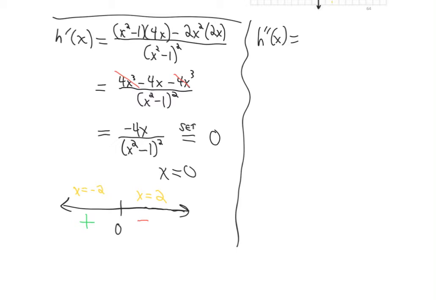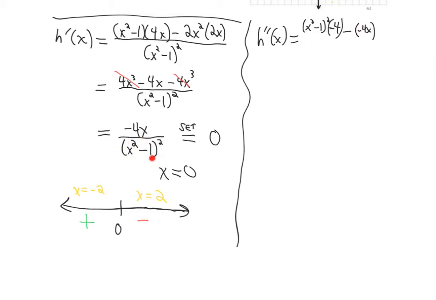Okay, so bottom times derivative of top minus top times, oops, I forgot the negative again. So bottom times derivative of top. The derivative of the top is actually -4. Minus top, which is -4x, times the derivative of the bottom.